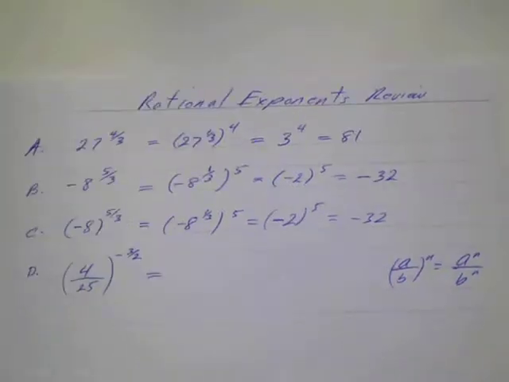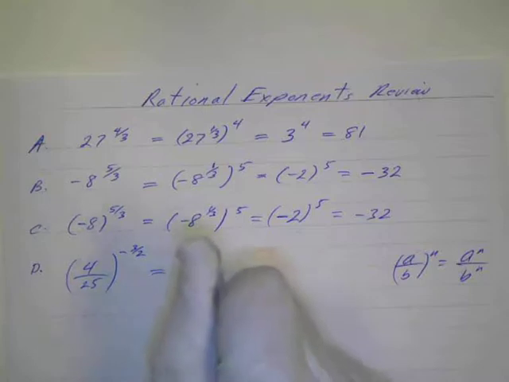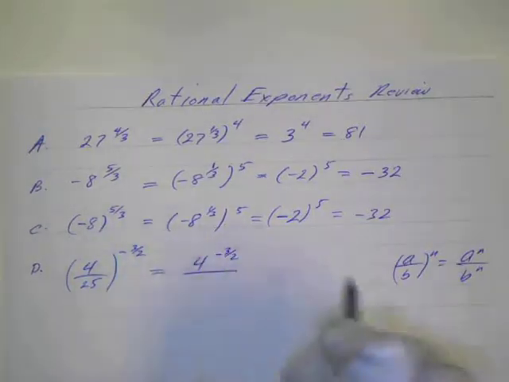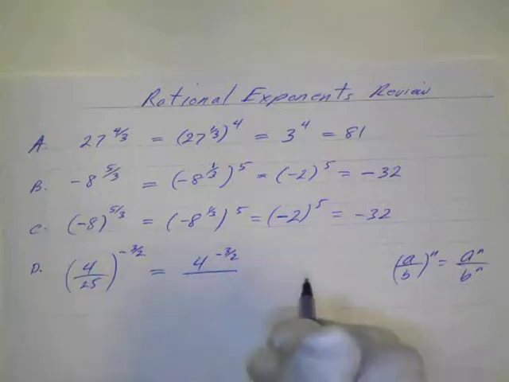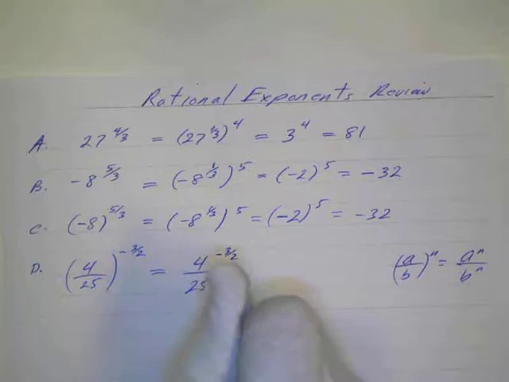I'll write it over here just to review it. So I'm going to apply that rule, and this is going to be the same thing as 4 to the negative 3/2 all over 25 to the negative 3/2.